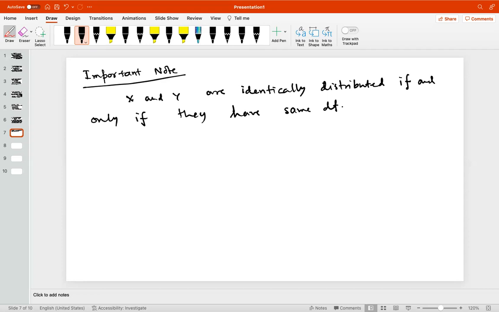But it does not mean that x equal to y. Remember, the distribution is same. It doesn't mean that they are same.